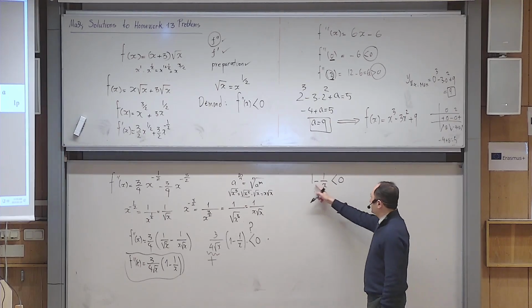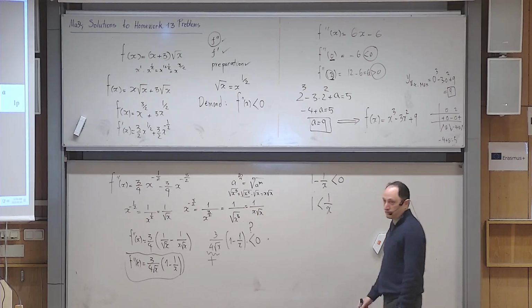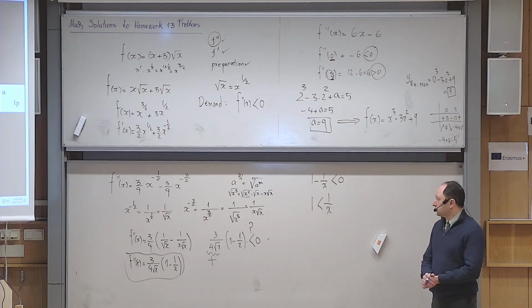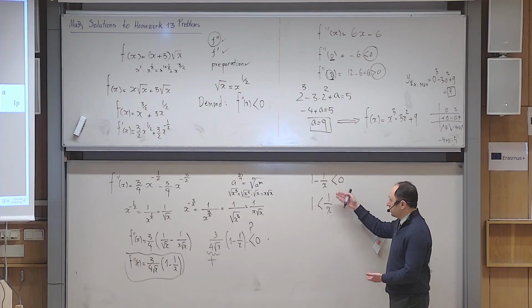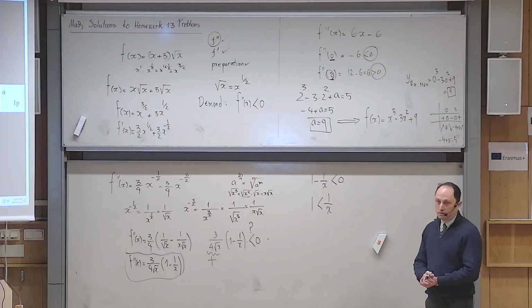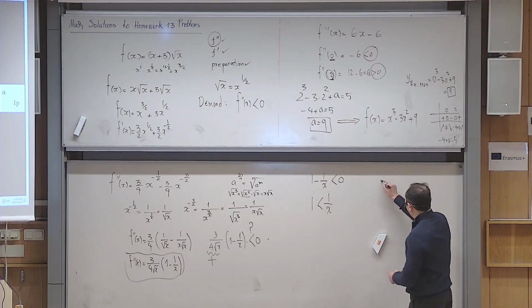So in other words, you mean 1 is less than 1 over x. Yes? So can you tell me what should I write there? I want to choose all x's so that 1 over those x's are negative. X is less than 1. Do you agree? Because you see 1.